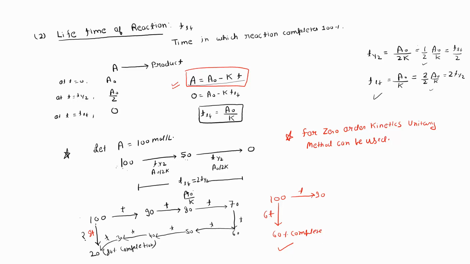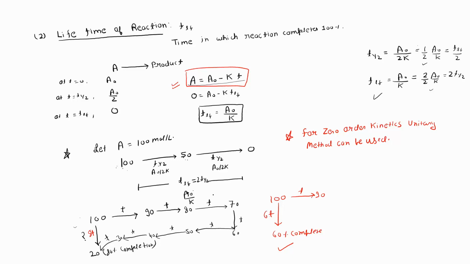If we know 100 to 90, we get a time T. So for 80% completion, we get 80 times. It's just a unitary method. And for 60% completion, we will get 60 times.